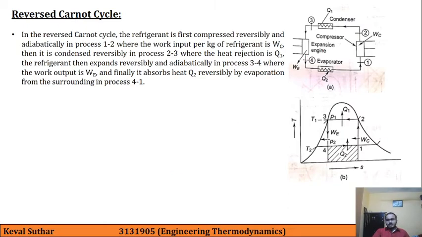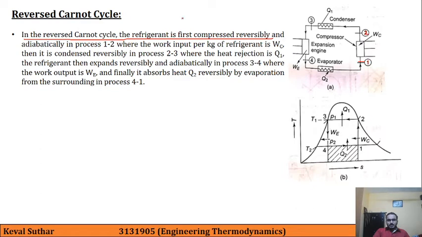So this is the schematic diagram for the reverse Carnot cycle, and the corresponding T-S diagram. In reverse Carnot cycle, the refrigerant is first compressed reversibly, that is happening from process 1 to process 2 over here.